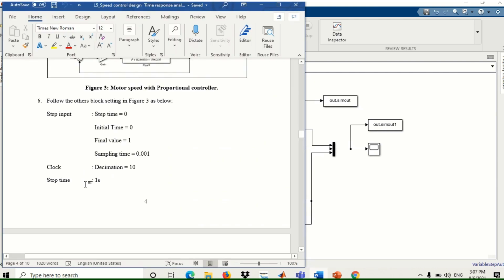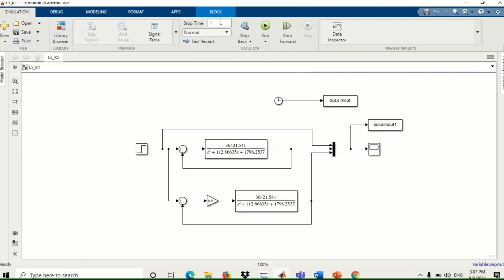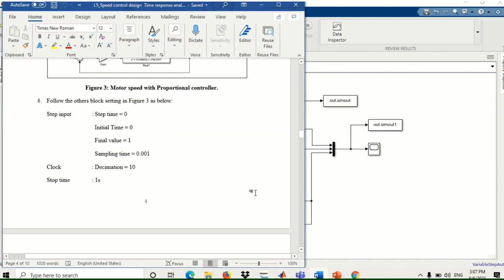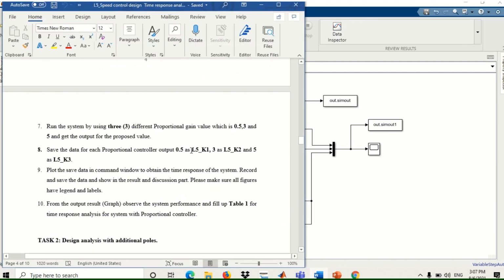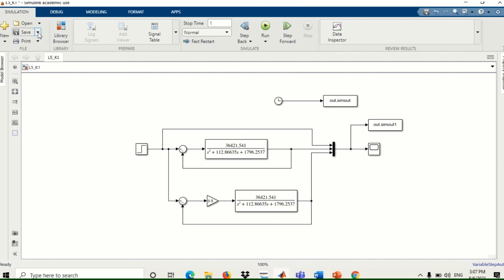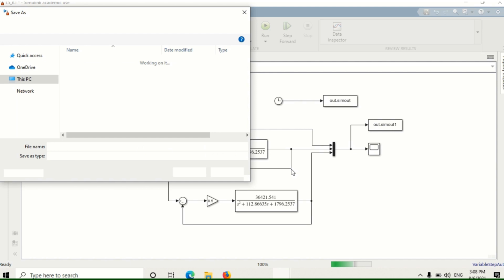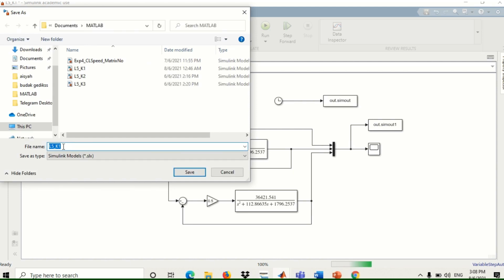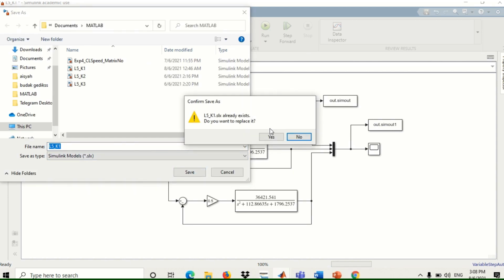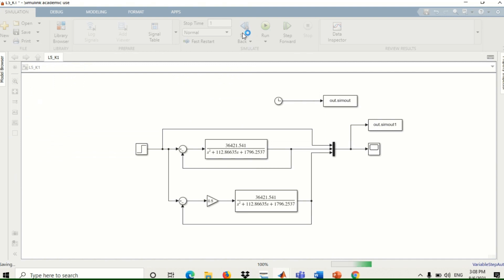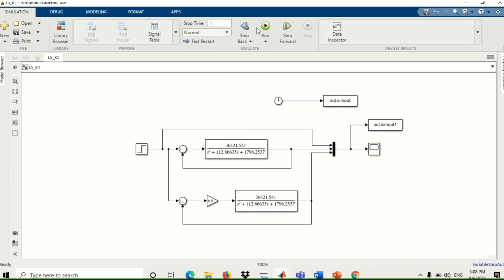And the last one is stop time 1 second. And then we have to save the simulation as L5K1. So we save as L5K1, and then we run.